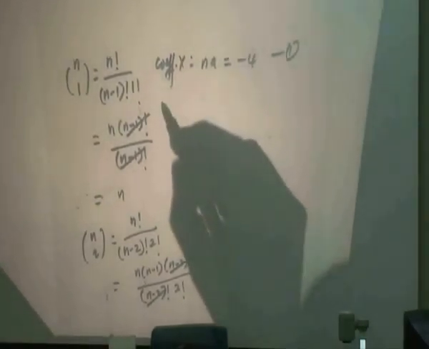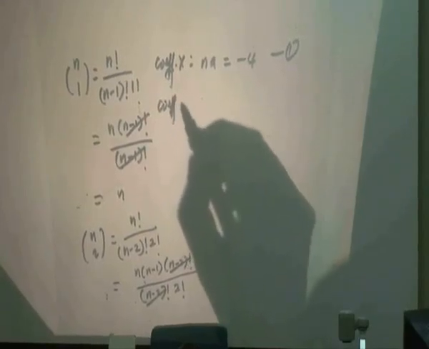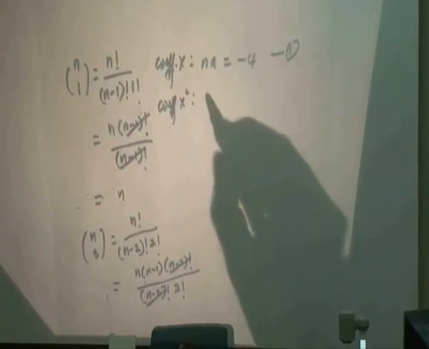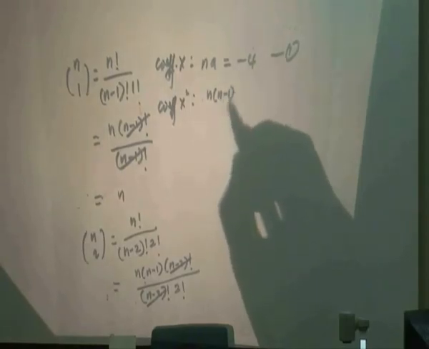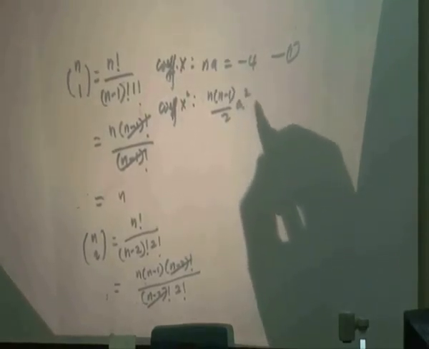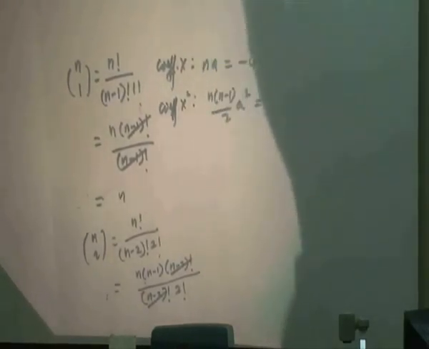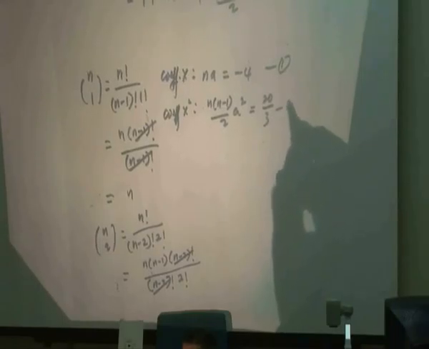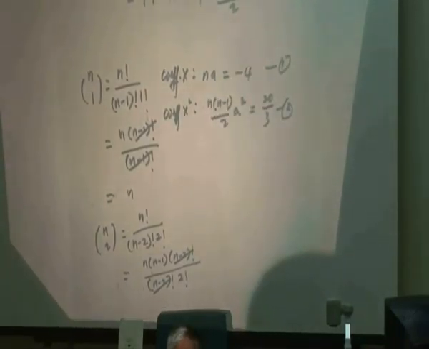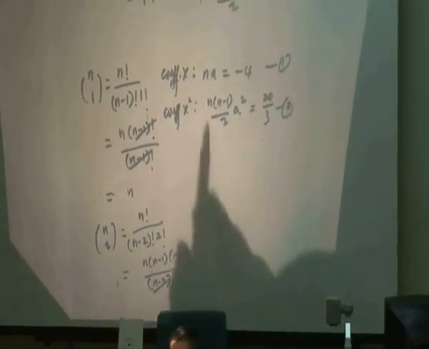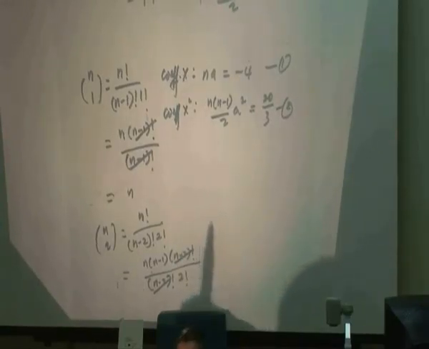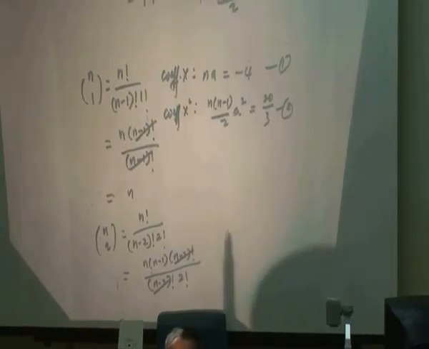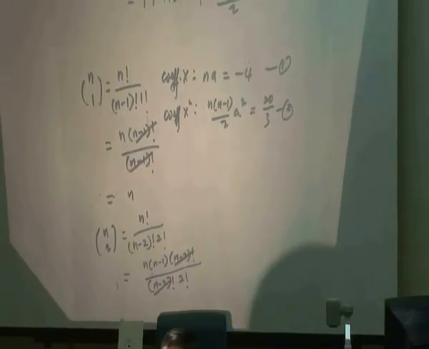By comparing the coefficient of x squared, you have n times n minus 1 over 2 a squared is equal to 20 over 3. So you have two equations, well, not really linear: na equal to negative 4 and n times n minus 1 over 2 a squared equal to 20 over 3.